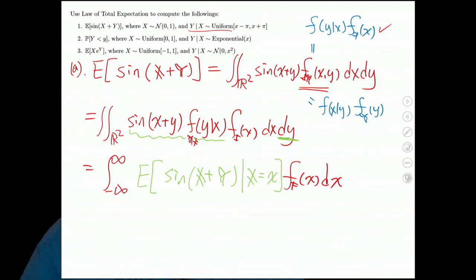So see this again. The expectation of sine x plus y given x equals a fixed point, I can also write down in the integration form. I keep this the same times the PDF. What kind of PDF? Conditional PDF.